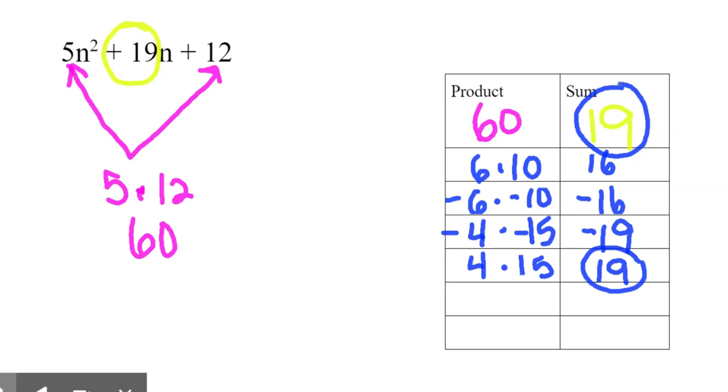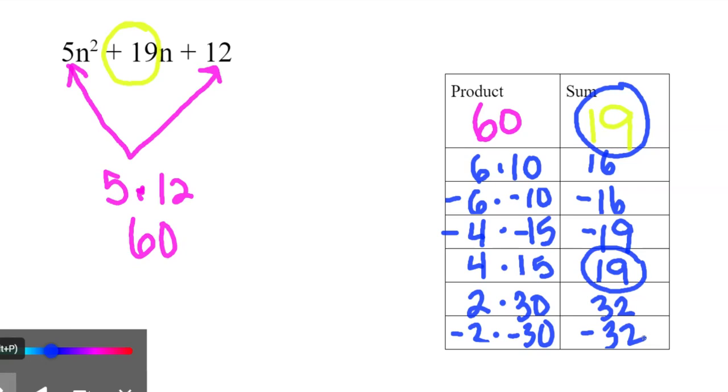There are other products you could have thought of. You could have done 2 times 30 and negative 2 times negative 30. But notice that would have given you 32 for a sum and negative 32. You can keep going and finding more and more possibilities, but once you find your sum, you can stop.